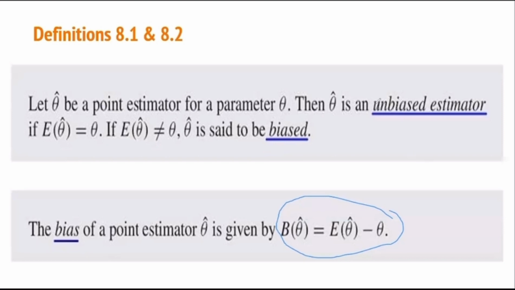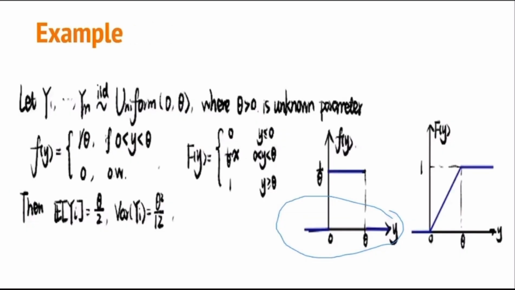Okay, so if that is the case, I want to consider a situation where we sample from a population of interest, and we realize the underlying distribution of the population is uniform, as you can see.